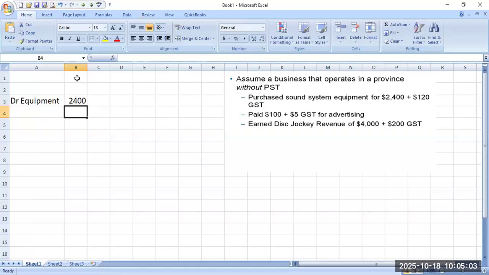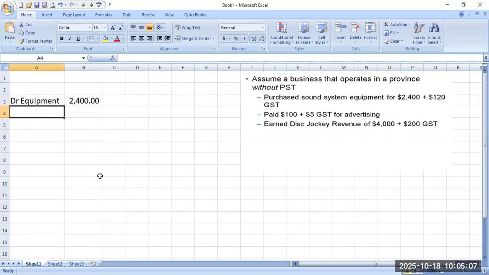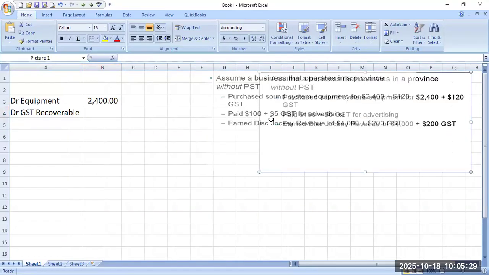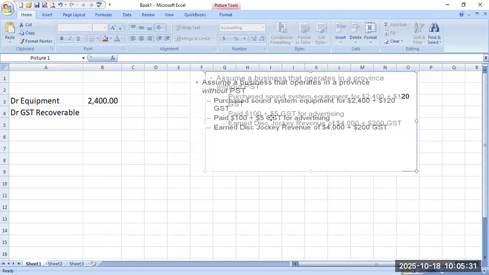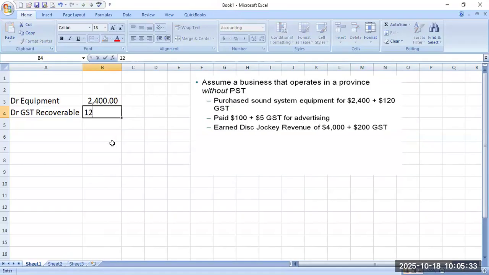Then now we have to record the GST. In this case, since we're the ones paying the GST, we're going to ask the government to pay the GST back to us, since we're not the final consumer. So that will be a debit to GST recoverable, and the GST recoverable in this case will be $120.